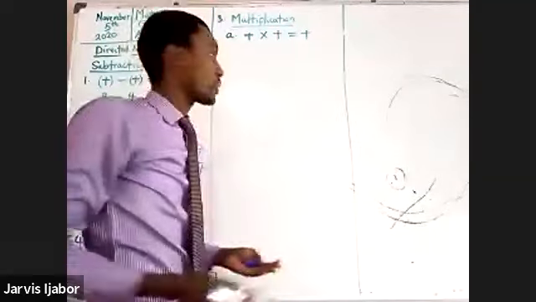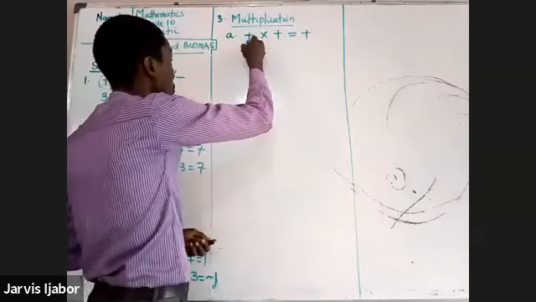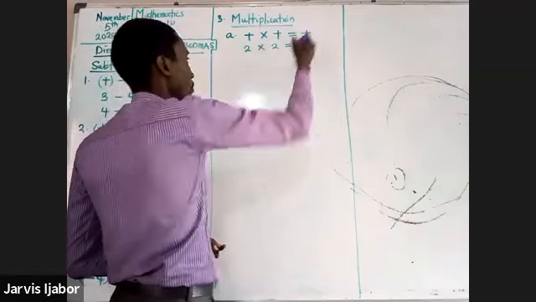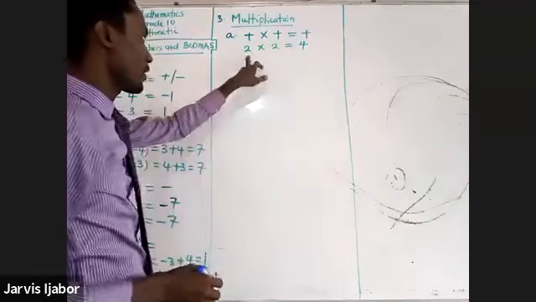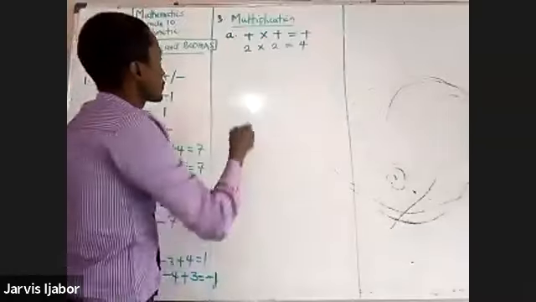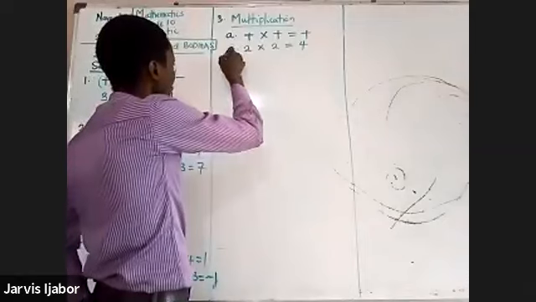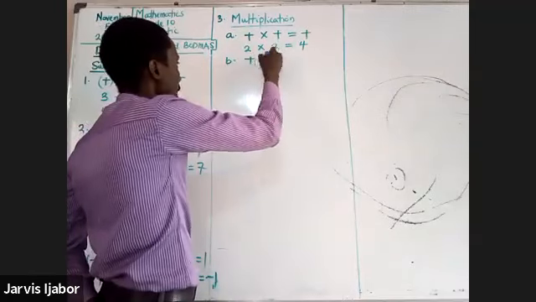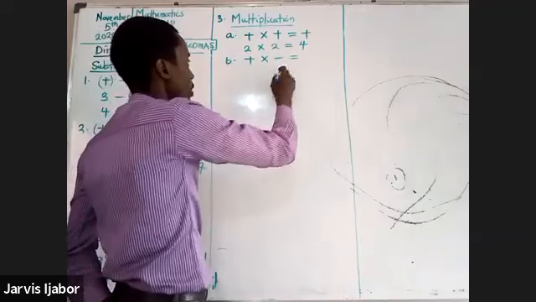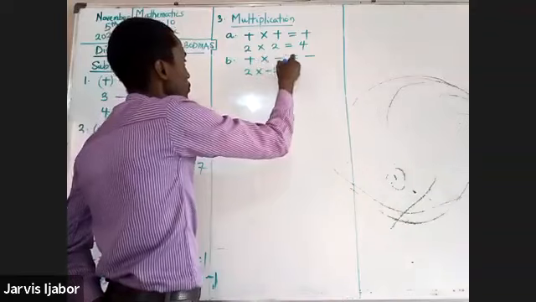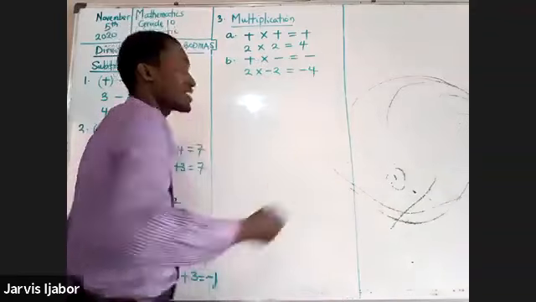Or maybe just write one so that you see what's happening. 2 times 2 will give me what? 4. This is a positive number, this is a positive number, and the answer will be positive. So now let's look at positive times negative. My answer will be what? Negative. 2 times negative 2 will give me negative 4. Quite general too.